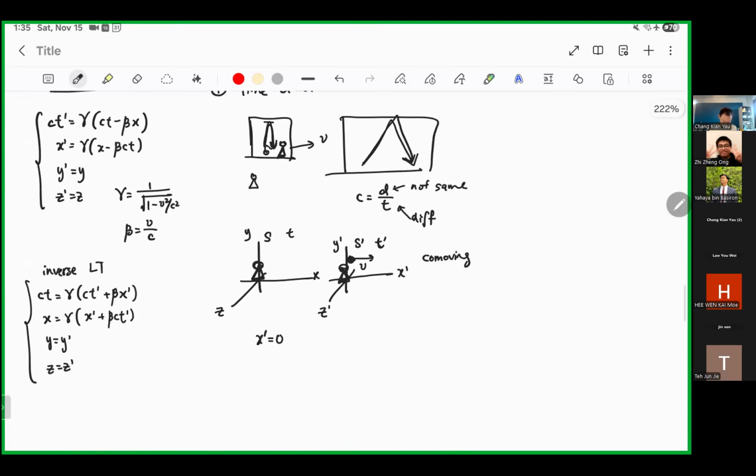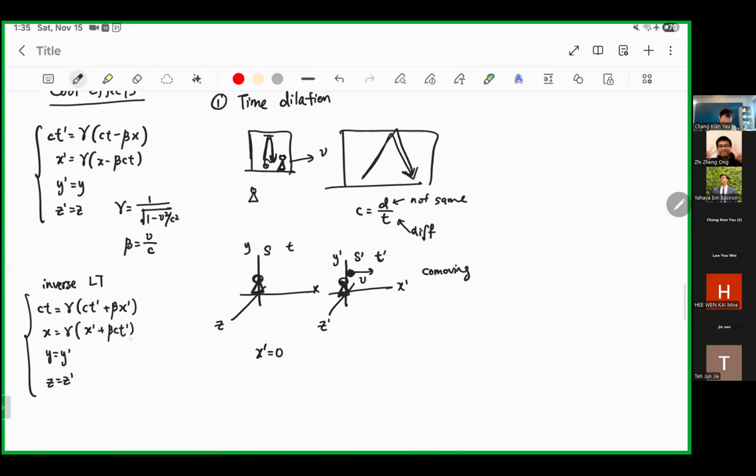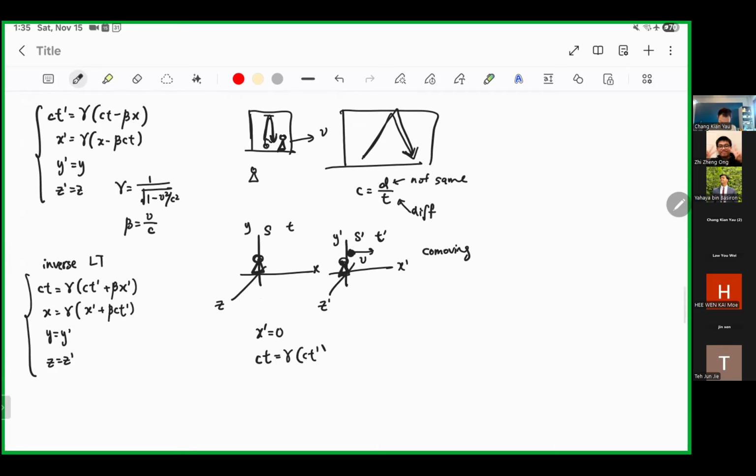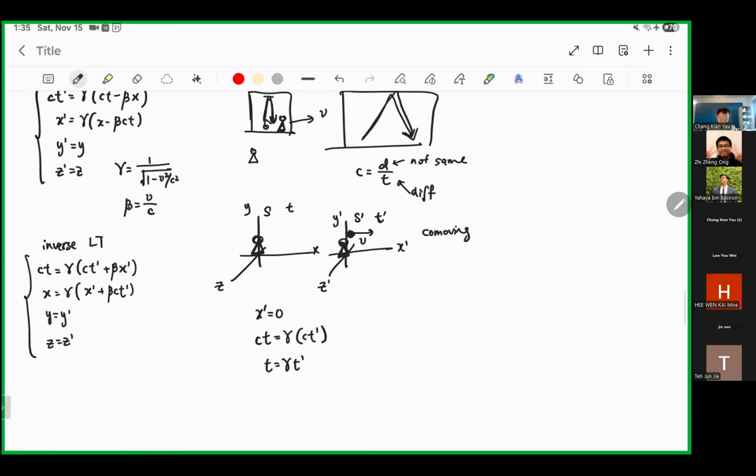Then, if we check back at the equations here, x prime equals 0, and if we plug this in, we have t equals gamma t prime. So that's time dilation.